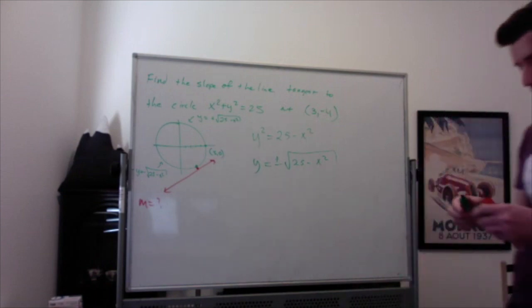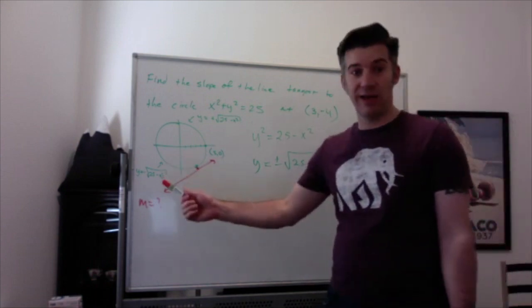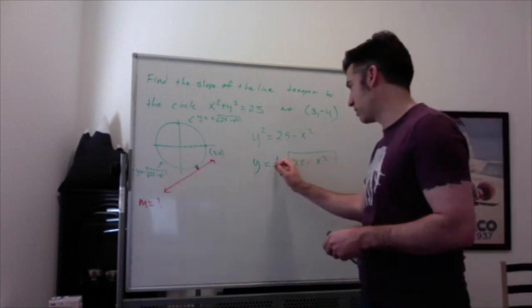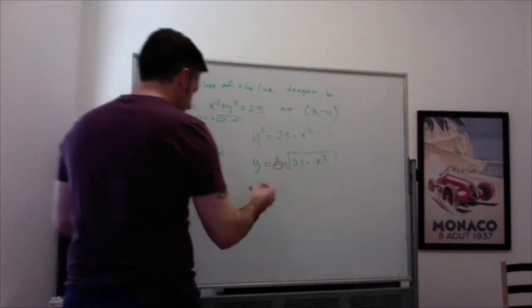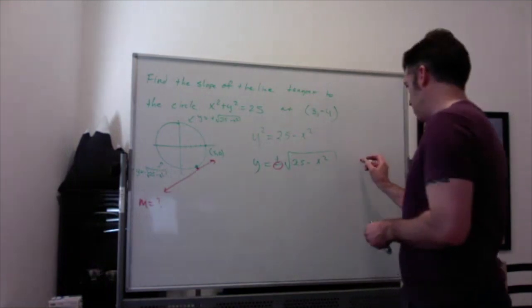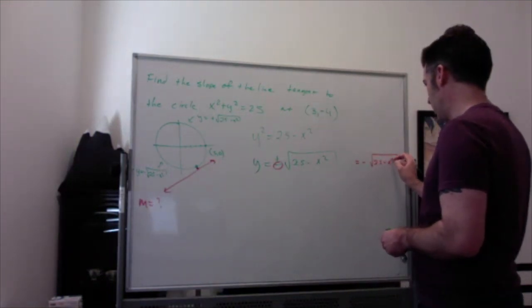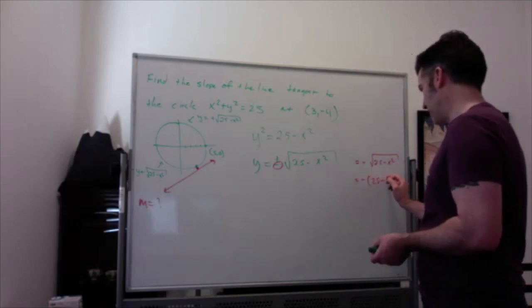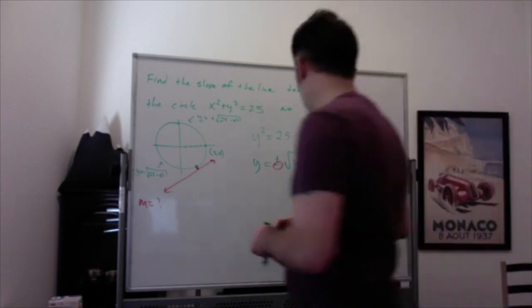Okay? And now we're going to differentiate. Since we want to find the tangent line for the bottom part, we're going to use the part where it's negative. So our derivative of y equal to negative square root of 25 minus x squared, which I meant to write as negative (25 minus x squared) to the 1/2 power. Let's find the derivative there.